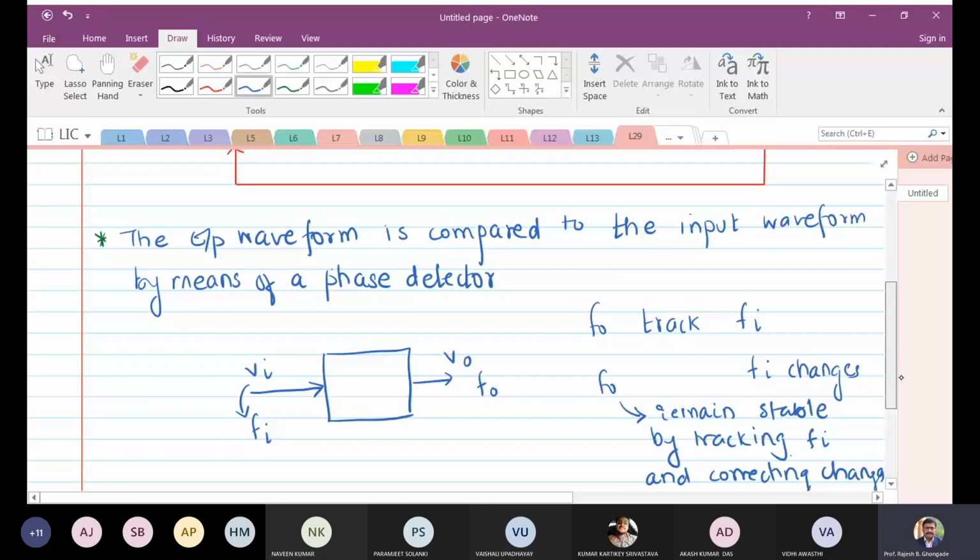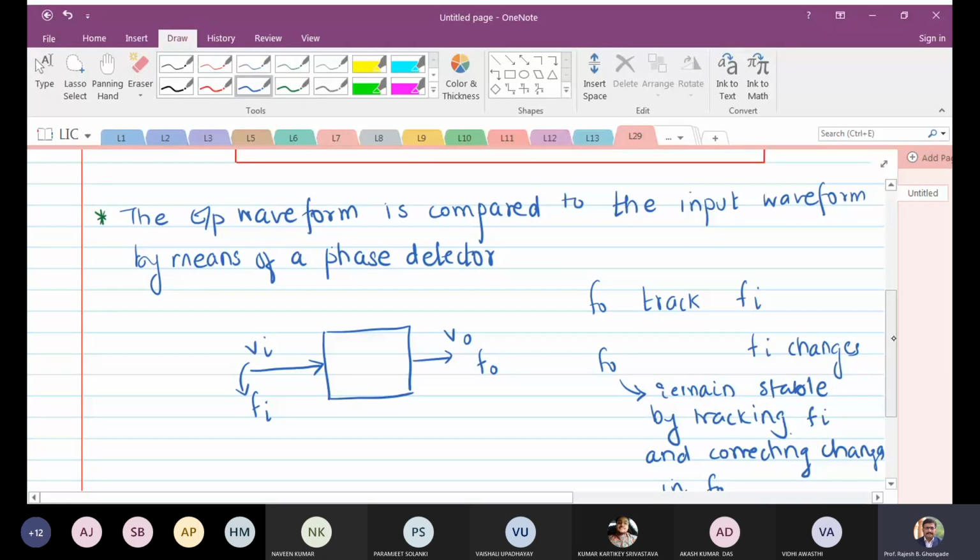The output waveform is compared to the input waveform by means of what is called a phase detector.